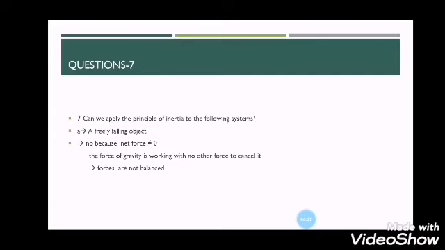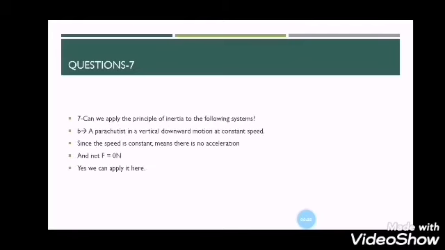The force of gravity is working with no other force to cancel it, so the forces are not balanced. B. A parachutist in a vertical downward motion at constant speed. Since the speed is constant, I don't have acceleration. When I don't have acceleration, F equals m times a, so F is equal to 0 as well. So yes, we can apply it here.